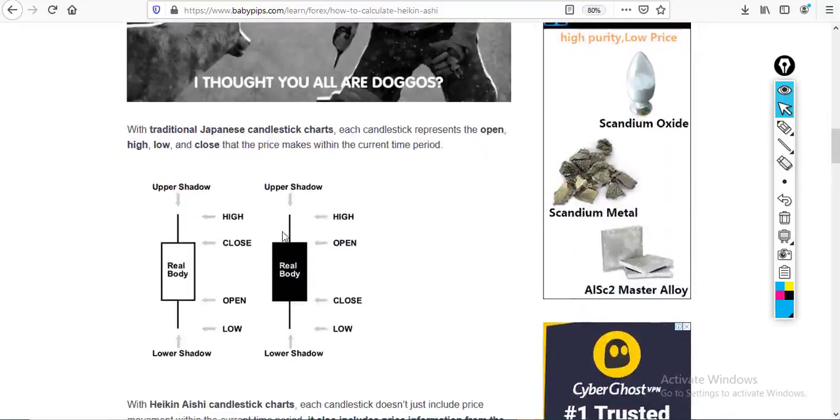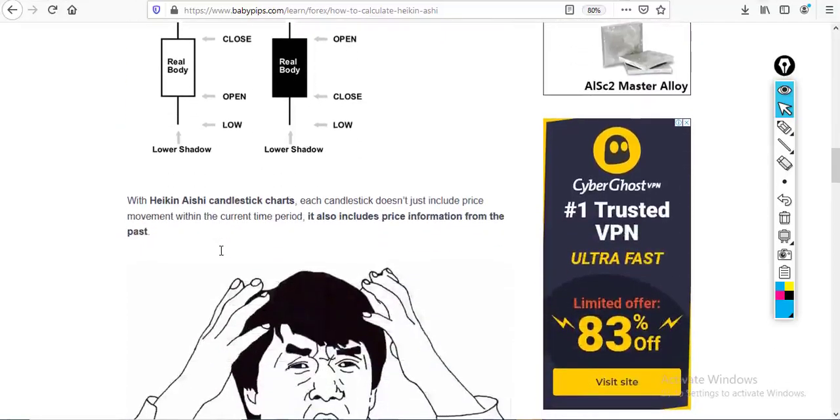So why does the traditional candlestick chart look like this? Okay, it opens, it has a high, it has a low, it opens and closes, either bullish or bearish candles. The Heikin Ashi candlestick chart, each candlestick doesn't open including the price movement just like this.